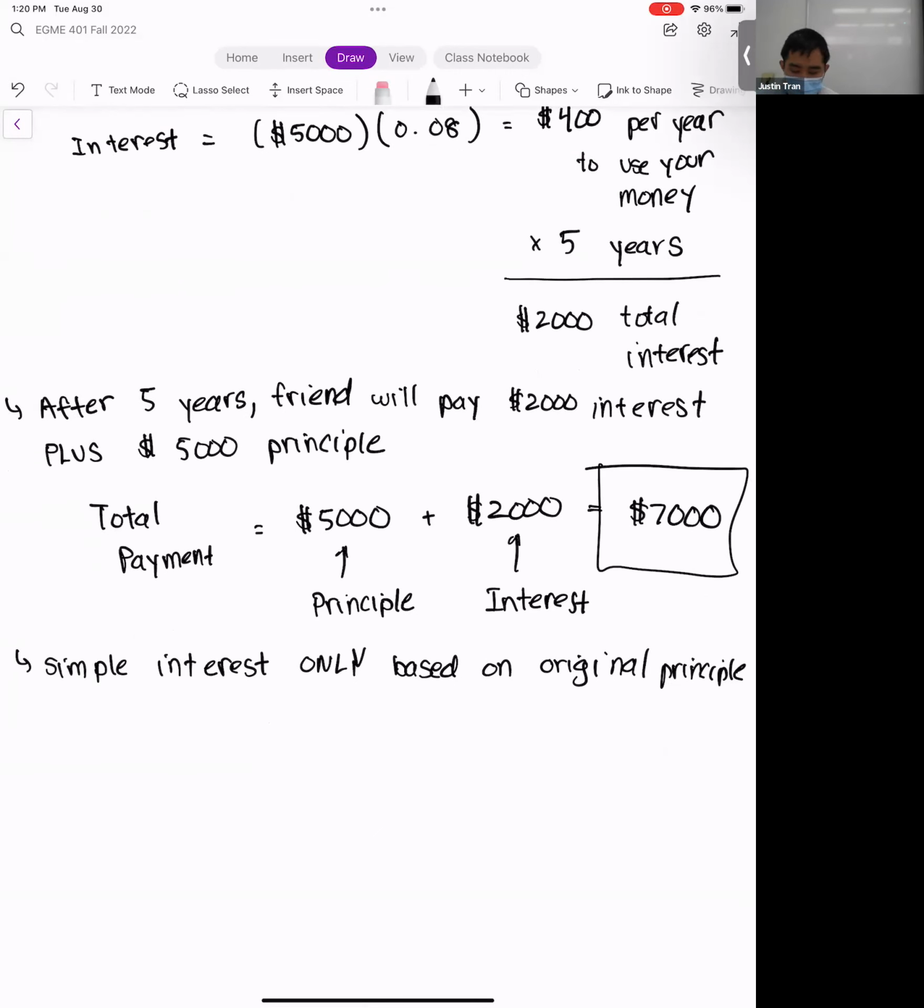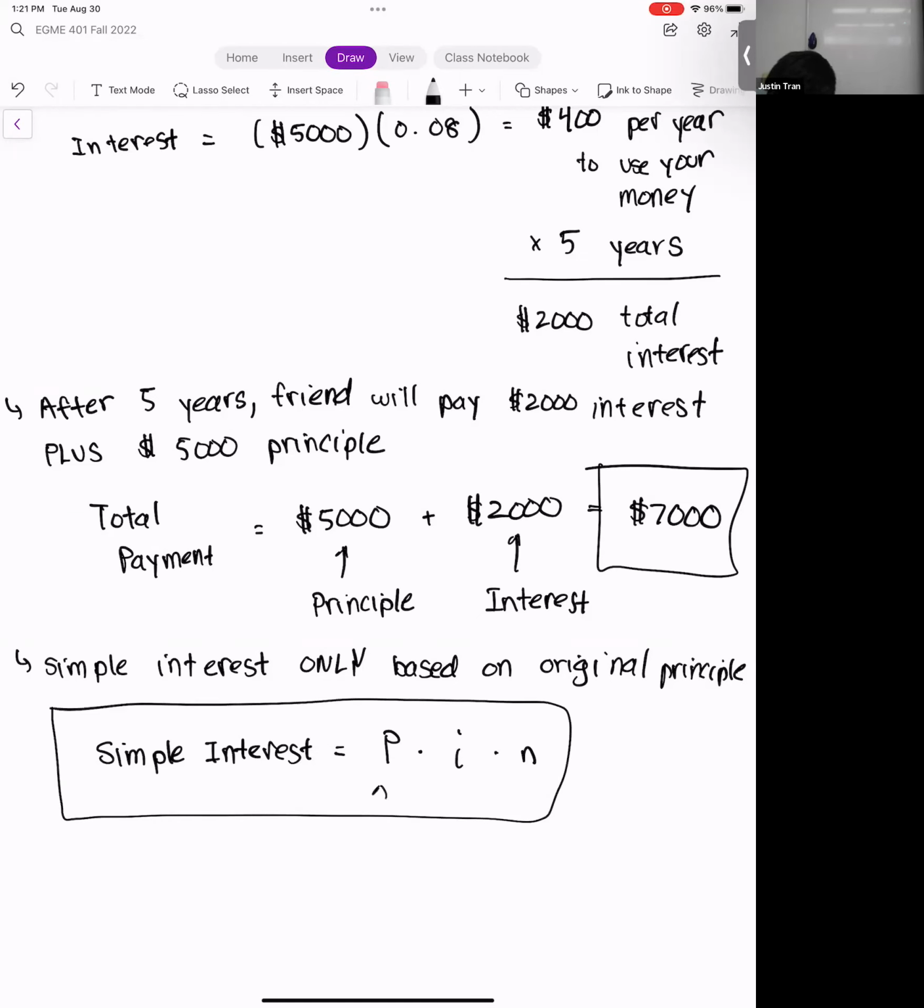and then turn it into a generic form. The generic formula for simple interest is P times I times N, where P here is the original principal, I here is the interest rate, and N here is the number of time periods that the interest is accumulating.